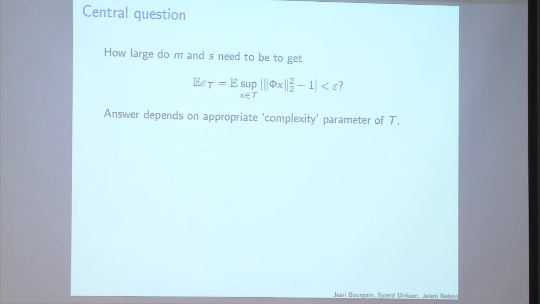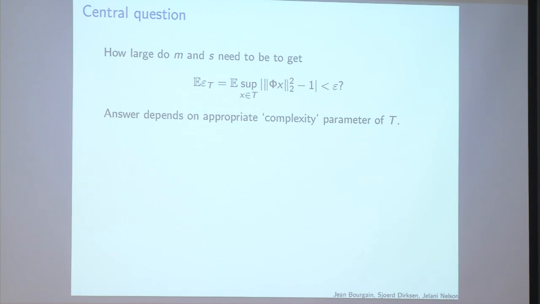Let's formulate a bit easier version. I'm not going to ask for a high probability version, but I simply want that the best accuracy that I can get, so this restricted isometry constant epsilon_T, is smaller than epsilon in expectation.